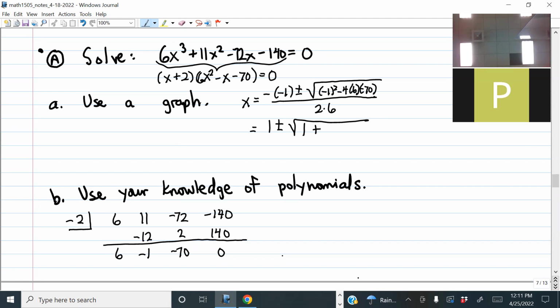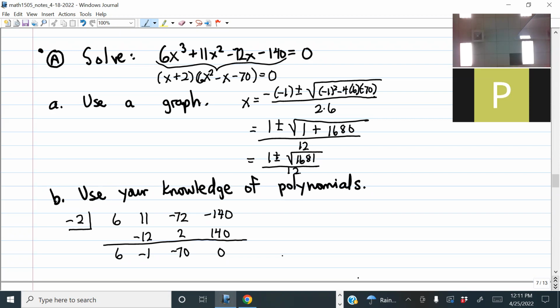Y'all do that for me on the calculator. What's 24 times 70? 1680. All that over 12. So we have 1 plus or minus the square root of 1681, over 12.